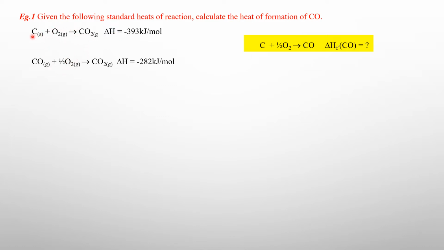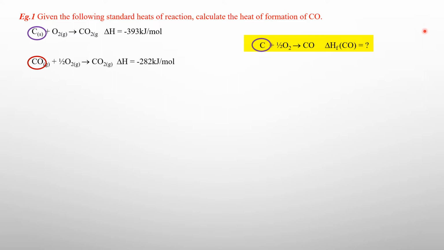Equation number 1 has carbon, and check out the position of the carbon. We want carbon on the reactant side, and in equation 1, carbon is on the reactant side. So 1 mole of carbon, and we want 1 mole of carbon. That's pretty much the same. So we will leave equation 1 as it is.